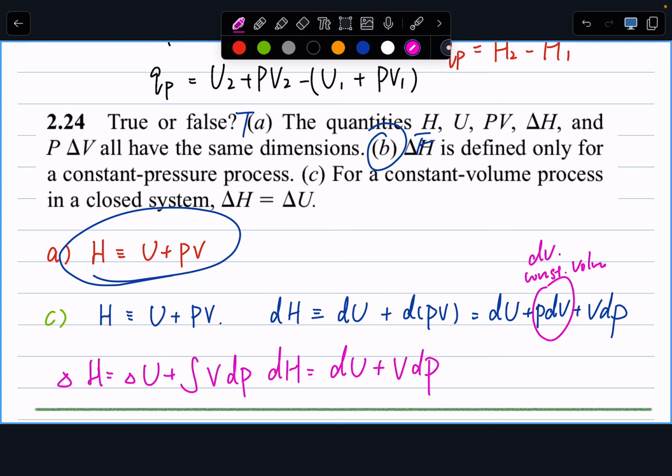So this statement is not true, because we have this term, the integral of VdP, present. These questions are not hard. We're not using anything beyond the basic fundamental calculus we discussed, but just keep in mind how to use it. For example, in this case, how to take the differential on both sides, write out this relationship, and realize that dP is not 0, so we can't say they are equal.